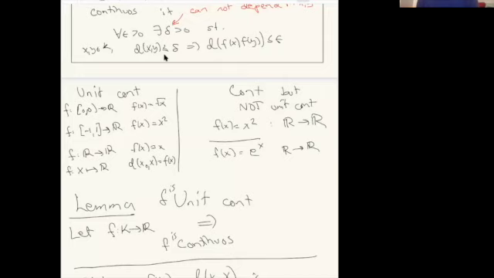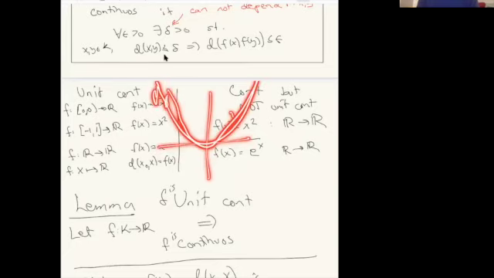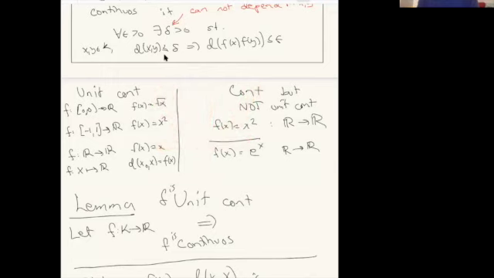Now, some things that are not uniformly continuous. The simplest way to fail is if you grow too rapidly. So x squared on all of R is not, because if you're far away, the derivative is very big, and delta needs to be very small compared to epsilon.